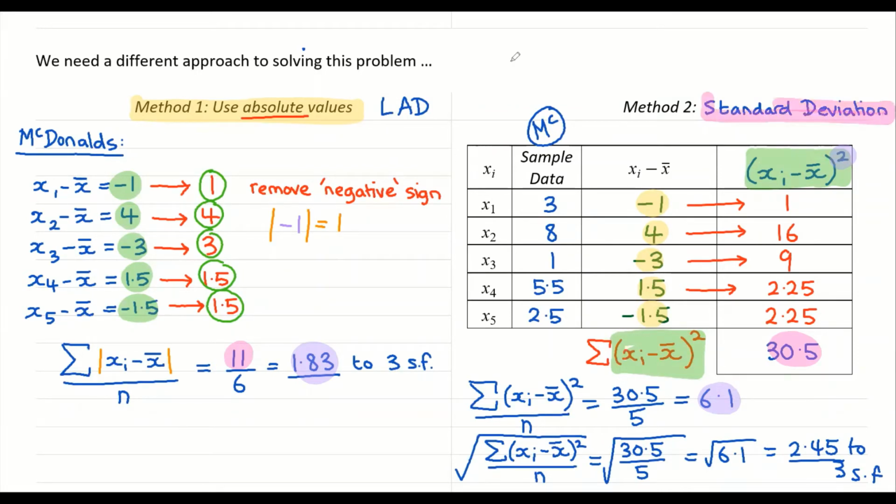It's widely used, it's friendly to algebra, and it gives you more or less the same result. So that's what we're going to use, and this measures the spread of the data. So it's a more accurate measurement of how spread out the data is, rather than using the range. So it's a measure of the spread of the data.